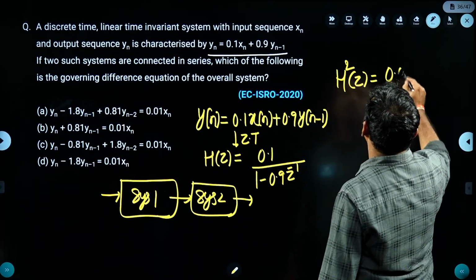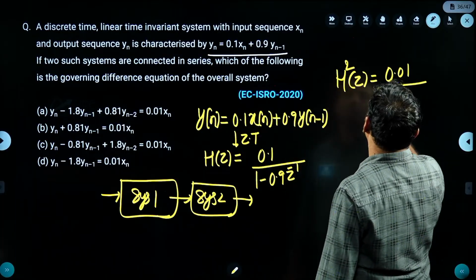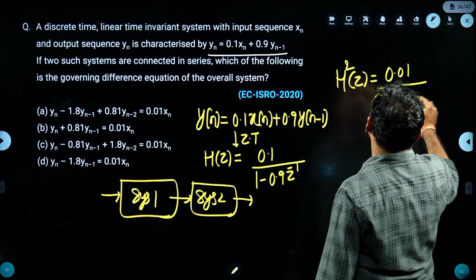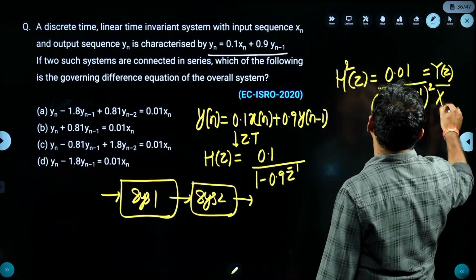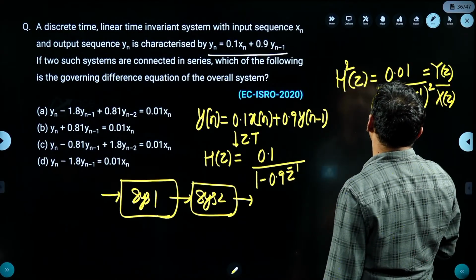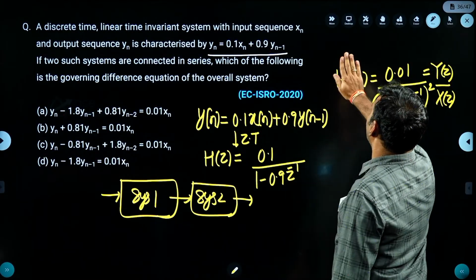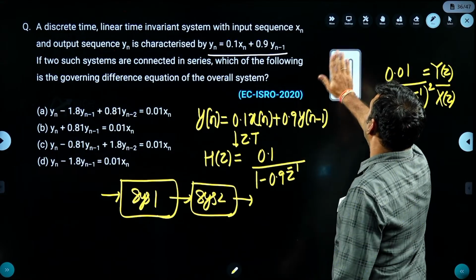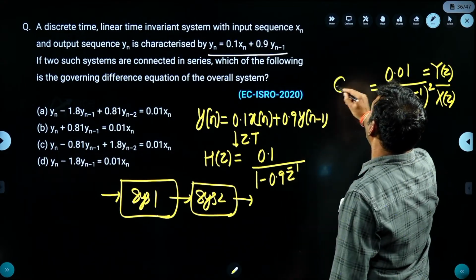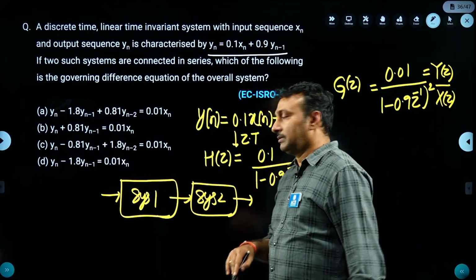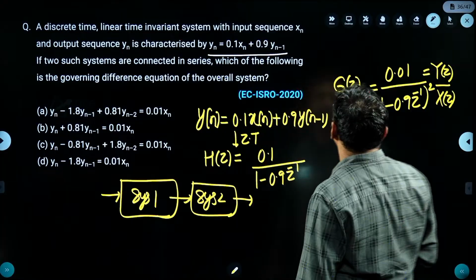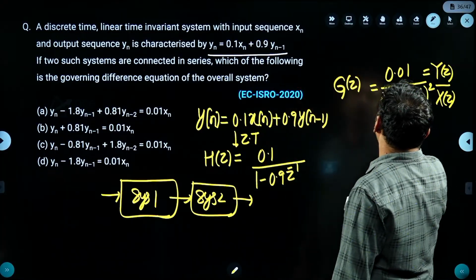So 0.1 whole squared is 0.01 over (1 - 0.9 z^-1) whole squared, which is like Y(z)/X(z). Let me avoid that confusion and write that product as G(z), because you are multiplying the transfer functions, H(z) into H(z), same result. From that you form the expression.